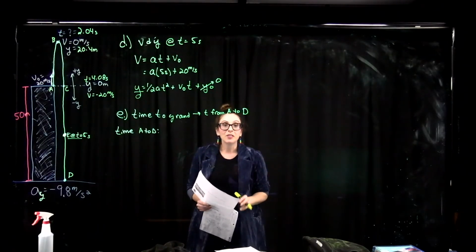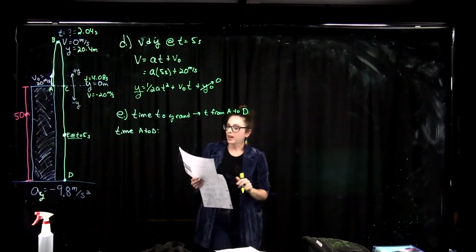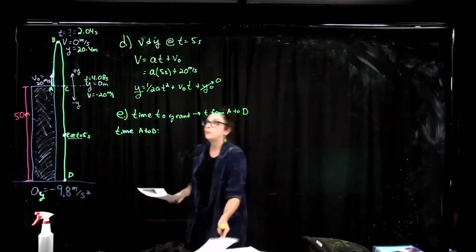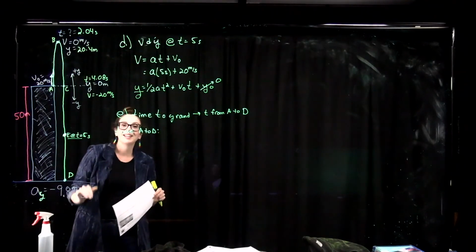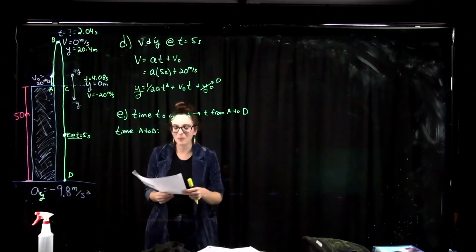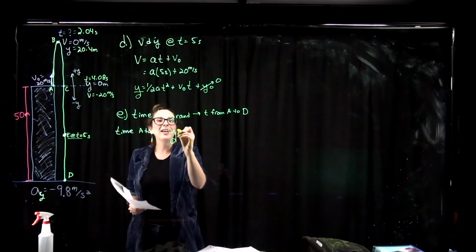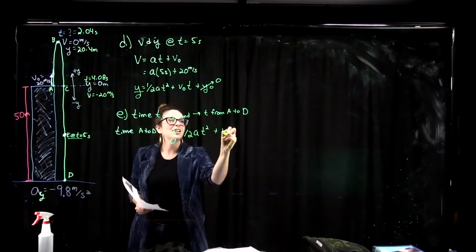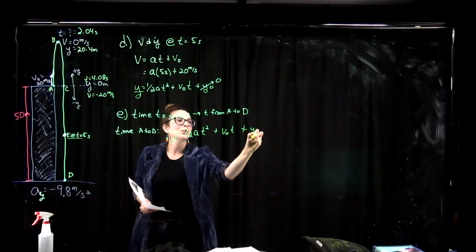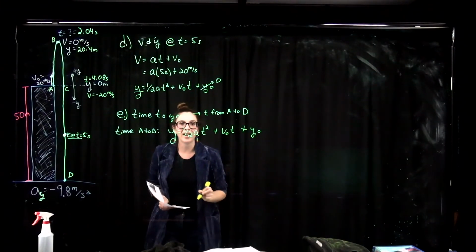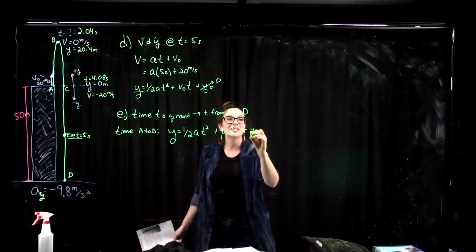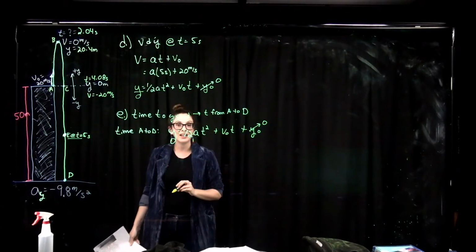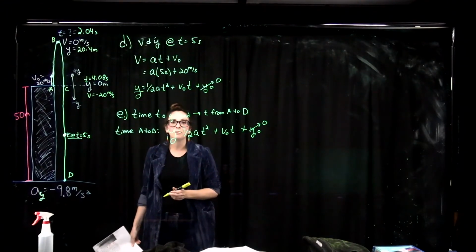Now the final part of this problem, we are going to find the total time needed for our stone to reach the ground. So the time to go from A to B to C all the way down to D, okay? So we can use y is equal to 1/2 a t squared plus v0t plus y0, okay? y0 is 0. We're starting at point A, which we've defined to be sitting at y is equal to 0.